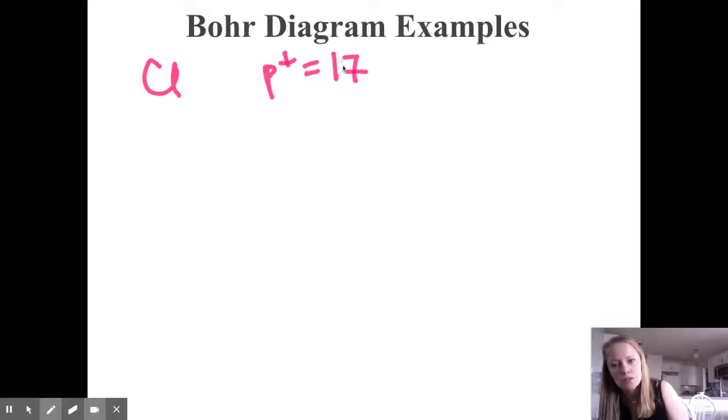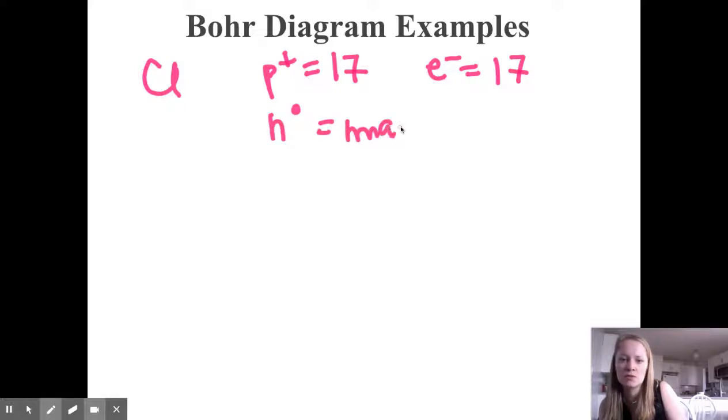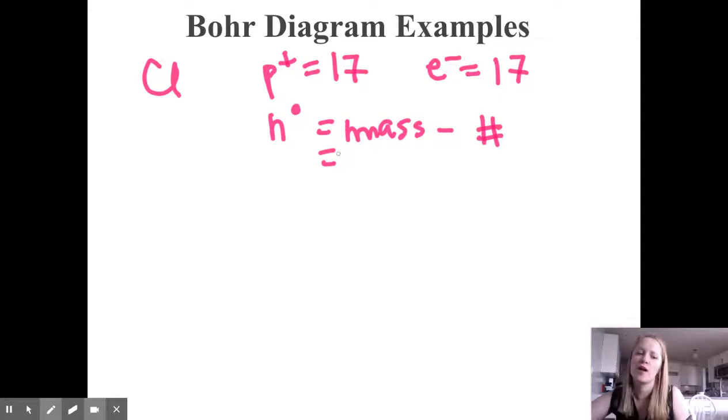It also tells me my number of electrons, and then my neutrons is my mass minus my atomic number.